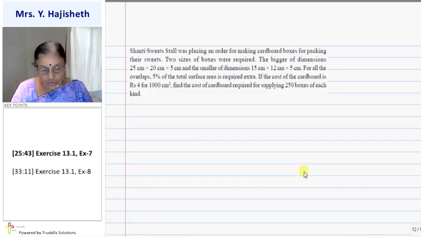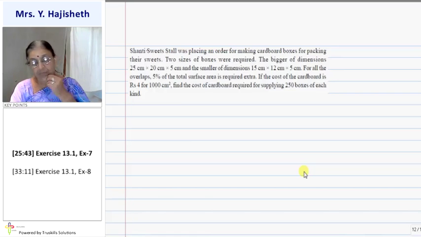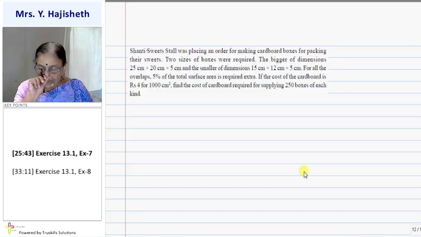Why? For all the overlaps. And if the cost of cardboard is rupees 4 for 1000 centimeter cube, find the cost of cardboard required for supplying 250 boxes of each kind. Clear? The sum is too big.